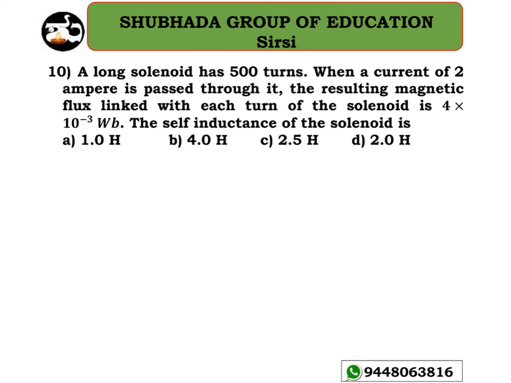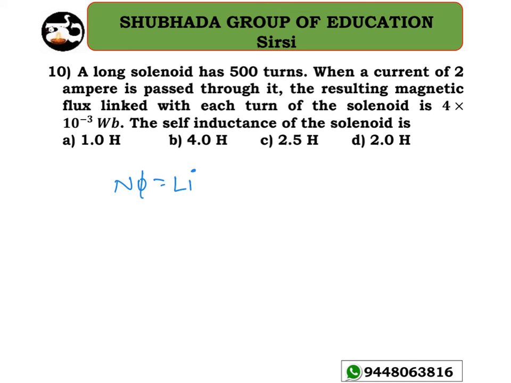The next problem says that a long solenoid has 500 turns. When a current of 2 ampere is passed through it, the resulting magnetic flux linked with each turn will be 4 into 10 to the power of minus 3 Weber. The self inductance, you know that N phi equal to L into I, correct or not?